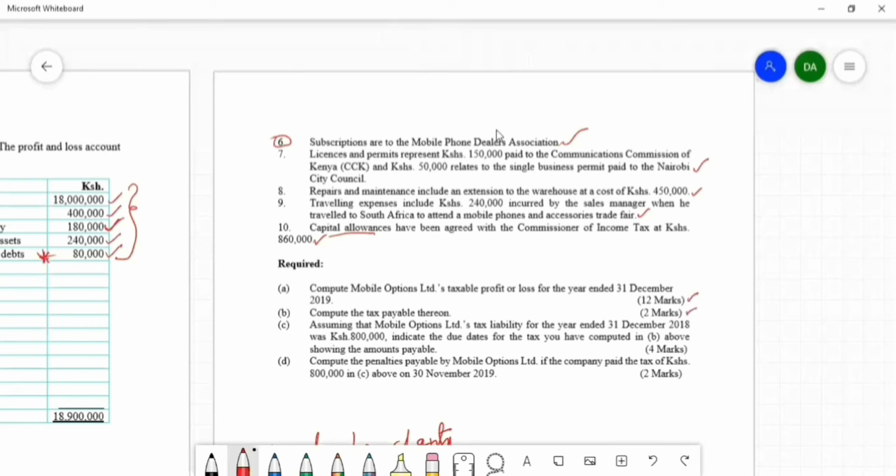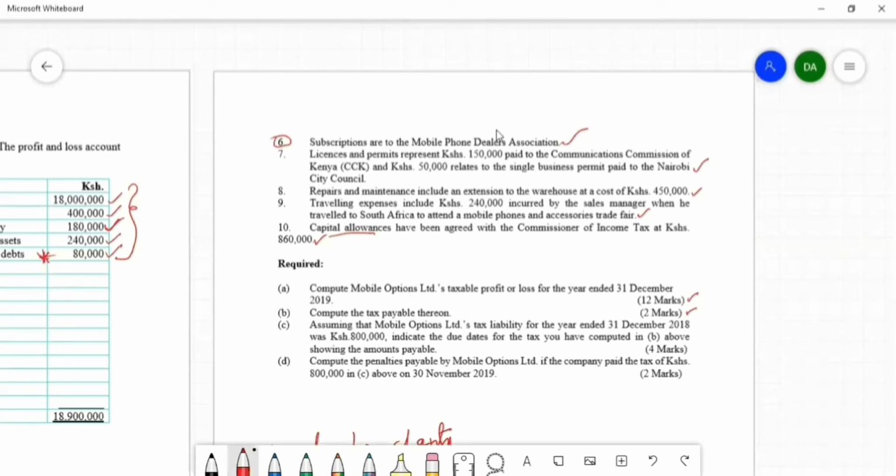I want to answer up to that first. Determine the taxable profit or loss, and then determine the tax payable. Now, for us to be able to do that, we are preparing the statement of taxable profit. That statement of taxable profit is going to be prepared using the first approach, that approach which begins with the reported net profit.